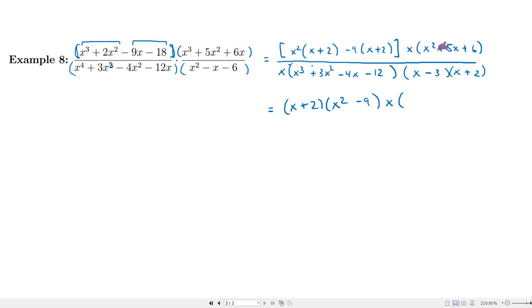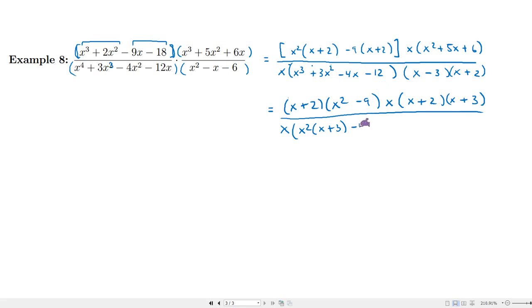So we have that x, and then this is x, and we want the product to be positive 6, and the sum positive 5, so that'll be a plus 2, plus 3, right? And then this denominator here, this x, and then now let's try the factor by grouping on this one. So we would have x squared, and then x plus 3.